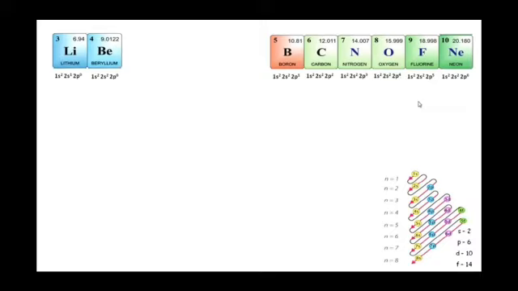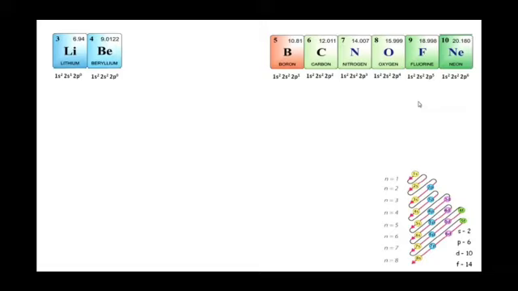Carbon, 1s2, 2s2, 2p2 and has two shells. Nitrogen, 1s2, 2s2, 2p3 and has two shells. Oxygen, 1s2, 2s2, 2p4 and has two shells.